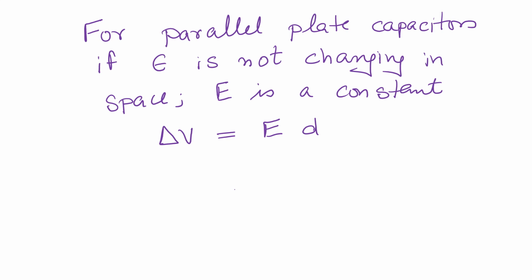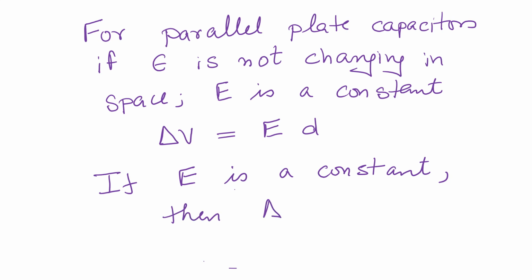We can quickly calculate things without having to set that integral up. If E is a constant, then the potential difference is simply E times D. It's a result to remember because it will make some of our calculations very quick.